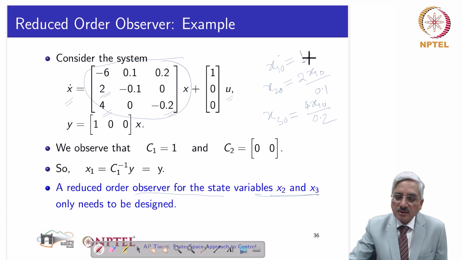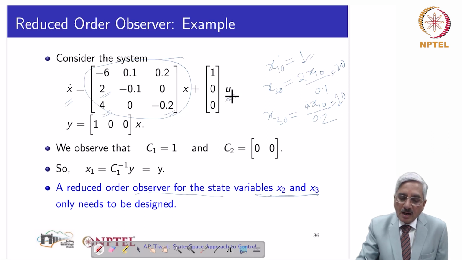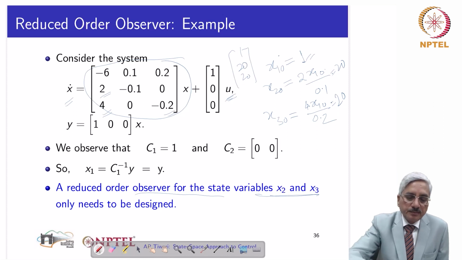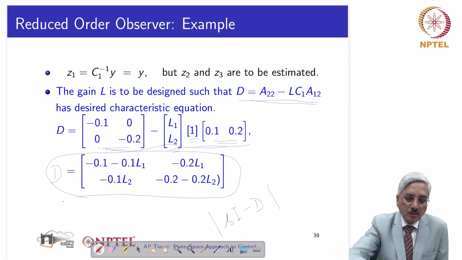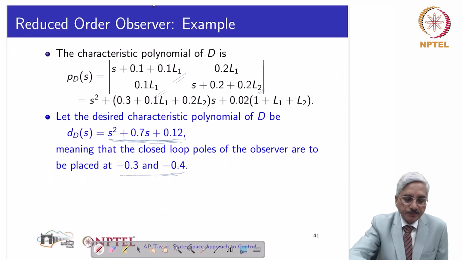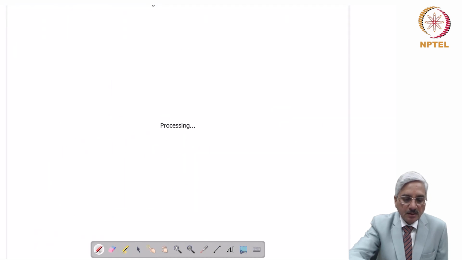So if x10 is assumed as 1, this becomes 2 by 0.1 or 20, and this becomes 4 by 0.2 or again 20. So the system will be at equilibrium if the input u is 0 and the state is 1, 20, 20. So we assume that equilibrium. Let us go back to where we were.